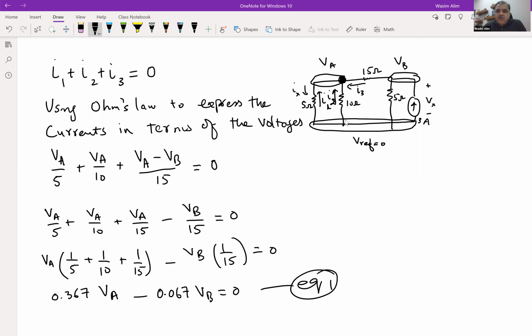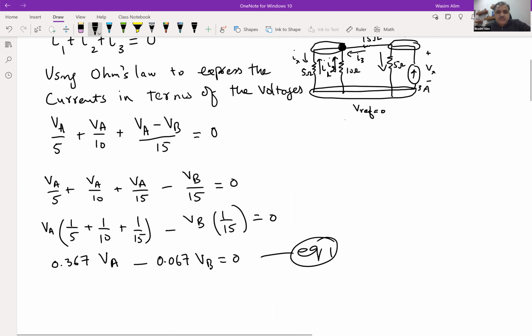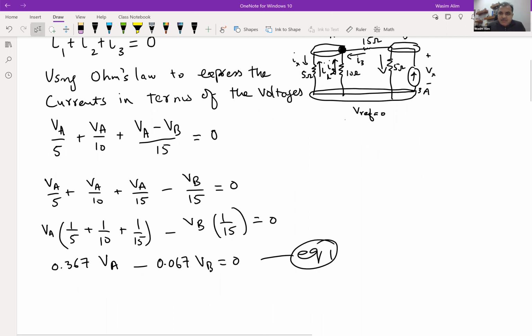So now when I go to the second node, I already have one direction, 2 directions are given to me. Let me just label this as this current going down, because I can choose it like that, right? So now from there, what I will do is I'll take the sum of those currents coming at V sub B, and what I will have then, the current is leaving there.